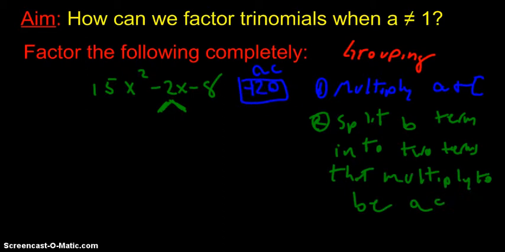So what are two values that multiply to be AC in this case? I think negative 12 and 10.